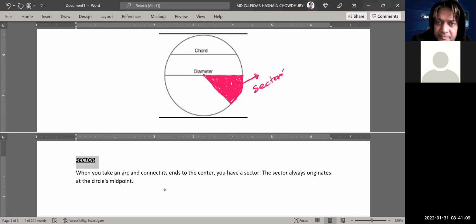An arc is the curved part. Your circumference is circular, and if you take a carved piece from the circumference, it is an arc. And if your arc is connected to the center and you consider it as a separate part, it is a sector.